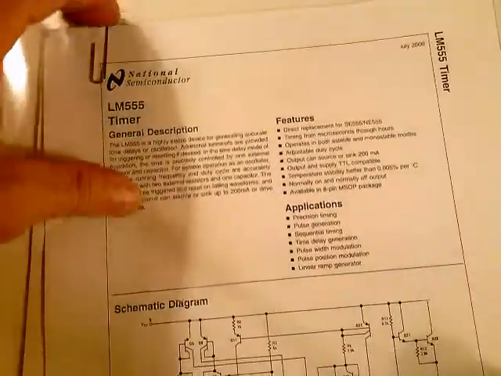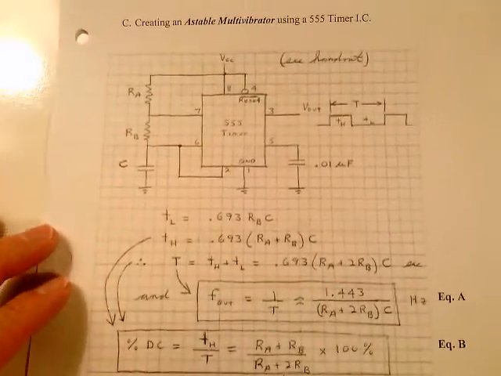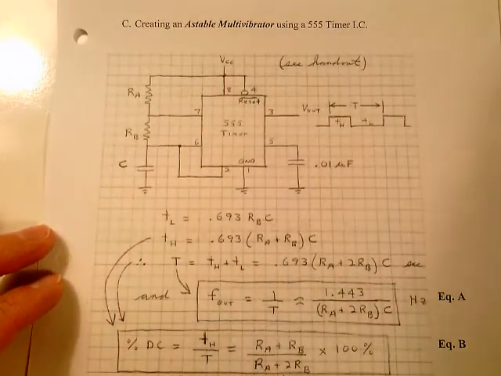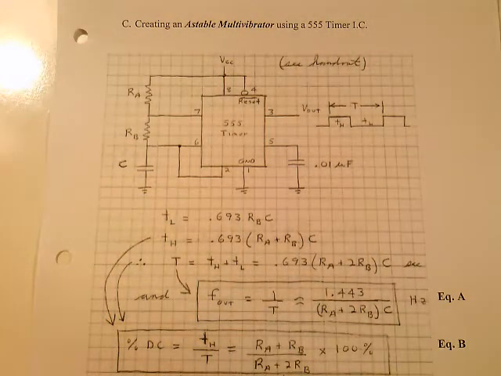So how can we use this 555 timer to design a free running oscillator circuit? If you take a look on page 186, and you can also look in your specifications at the application notes, which start on page 7.